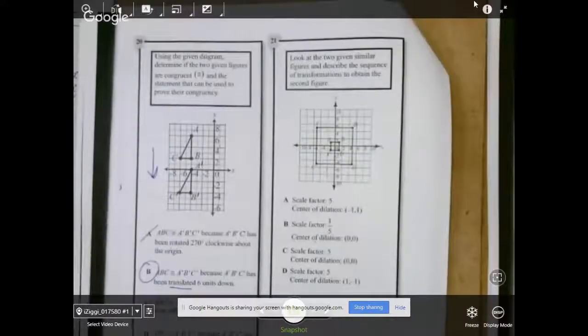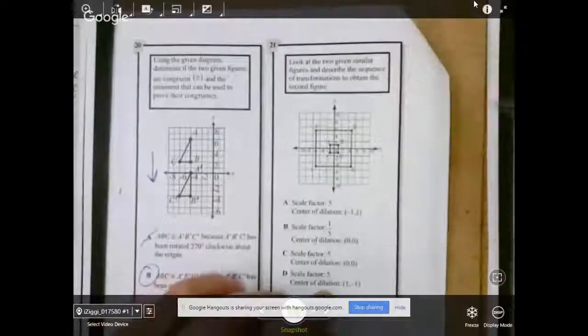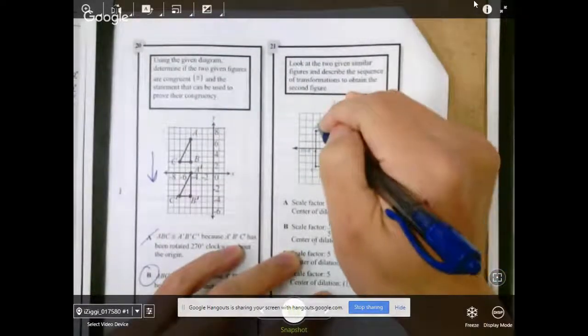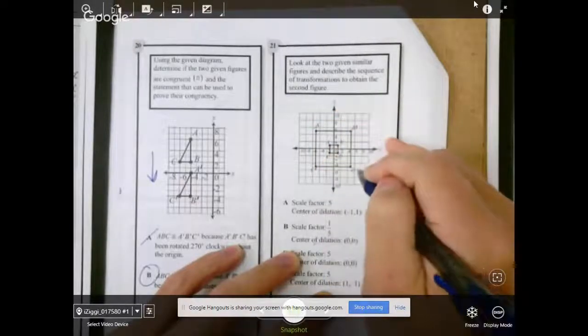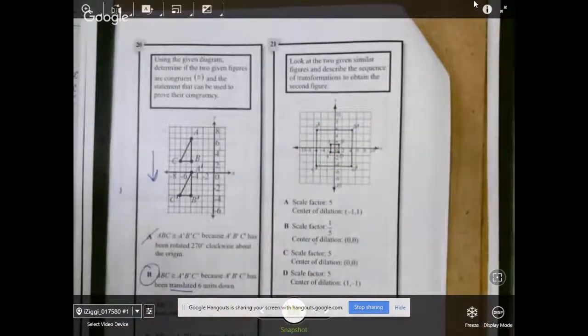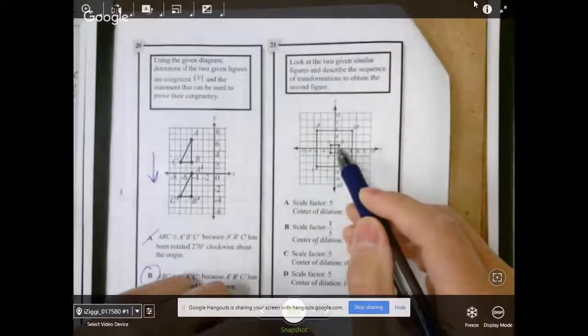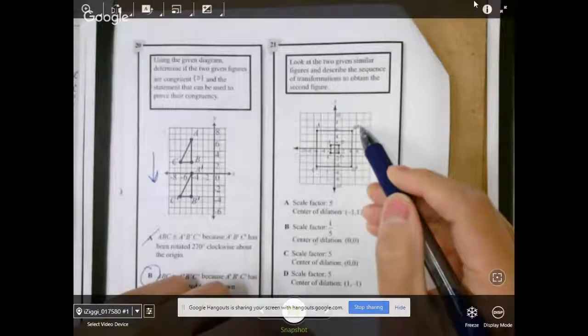All right, and then this one, so again, there's your little apostrophe. So that's how it ends up. The apostrophe one, the image, that's the final image. So it starts small, and then the image ends up big.